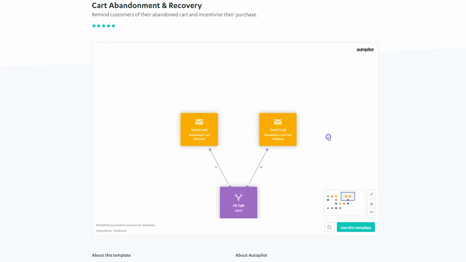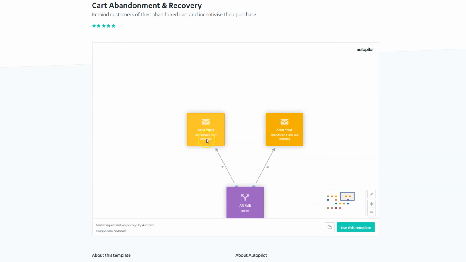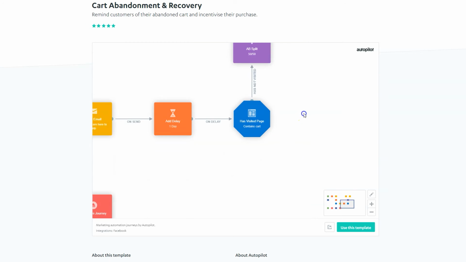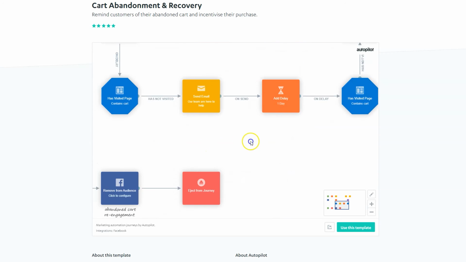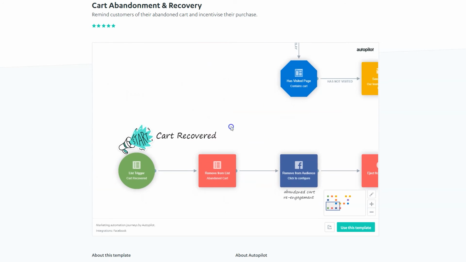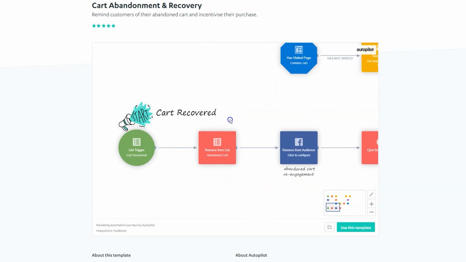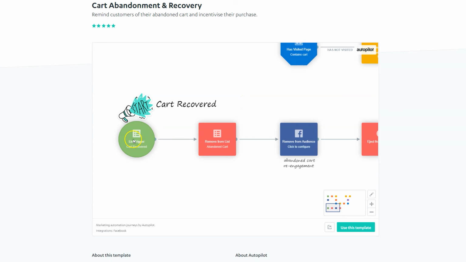Because you can look at your numbers after this and you can say, hey, the people who got the discount code, the coupon code, they converted at 40%, but the people who were offered free shipping, no coupon, no discount, but free shipping, they converted at 60%, right? So the split test functionality inside of Autopilot, as well as other marketing automation softwares out there, is definitely useful, and always be sure to test.